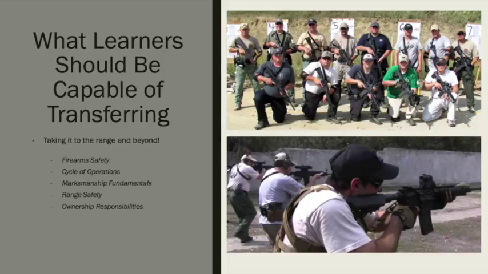Marksmanship fundamentals cross roles whether it's a handgun, a machine gun, a rocket launcher, or a shotgun. They all have the same type of marksmanship fundamentals. It's just how they're applied specifically that stays at the meaning-making phase. Range safety applies, again, across the whole gamut of firearms. And finally, ownership responsibilities take themselves from handguns, rifles, shotguns, you name it.